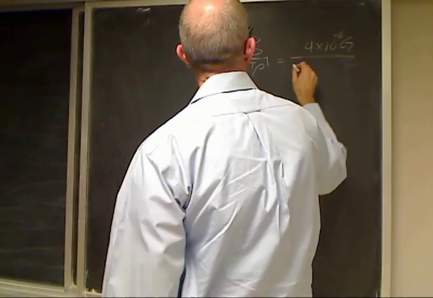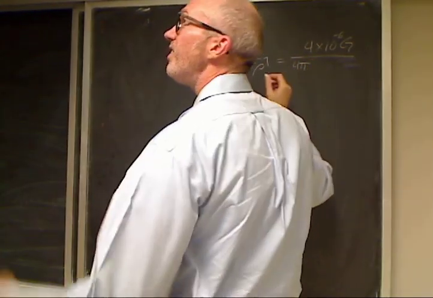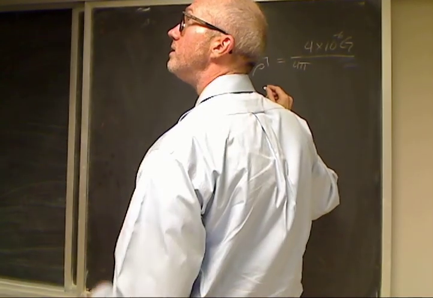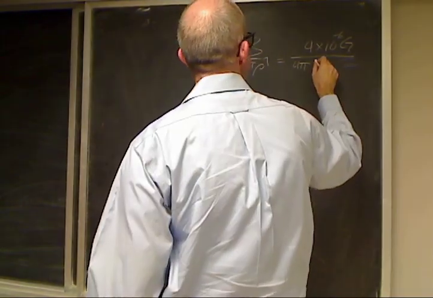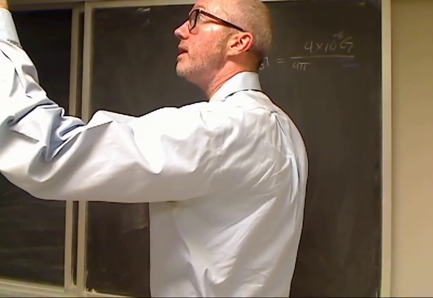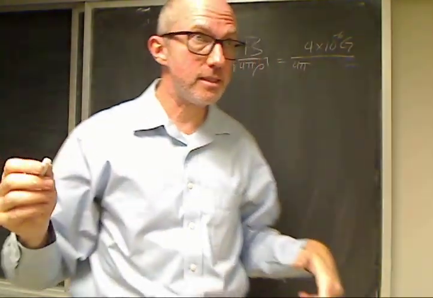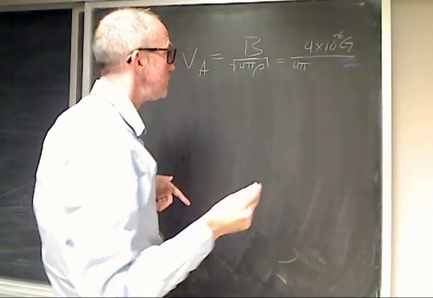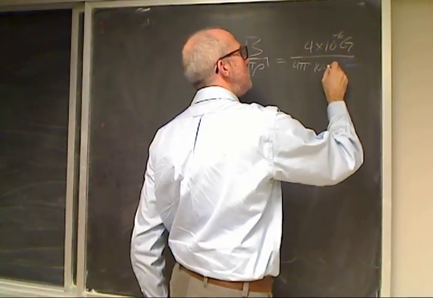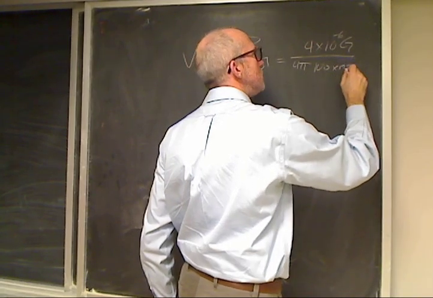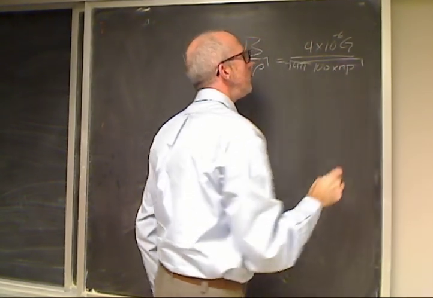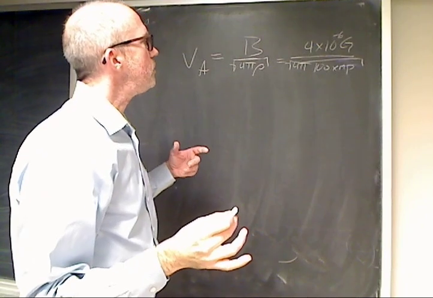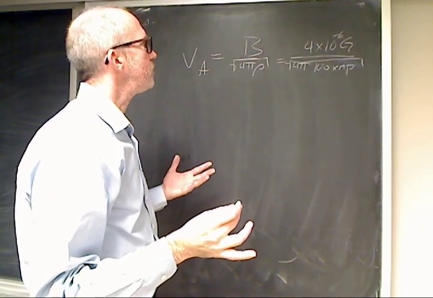And then we're left with 4 pi times 100 particles per cubic centimeter, but you've got to multiply by the mass because we need the mass density, not just the number density, so 100 times the mass of the proton, square root of all of that.